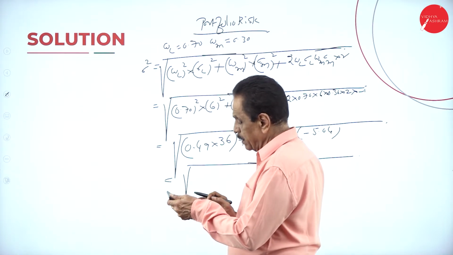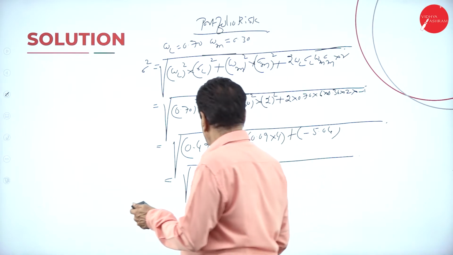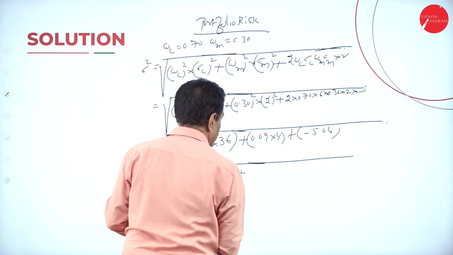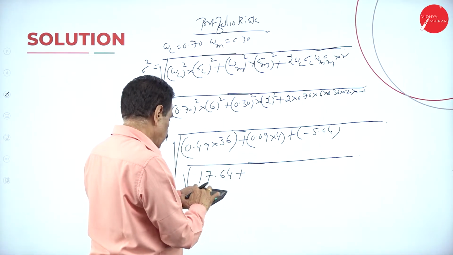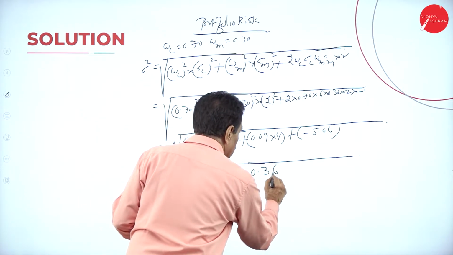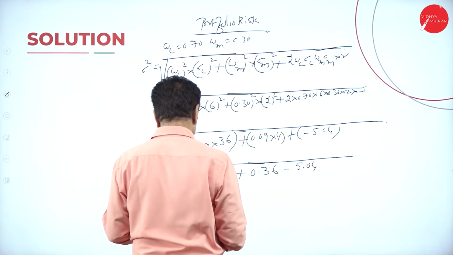0.49 into 36 is 17.64. 0.09 into 4 is 0.36. Minus 5.04.